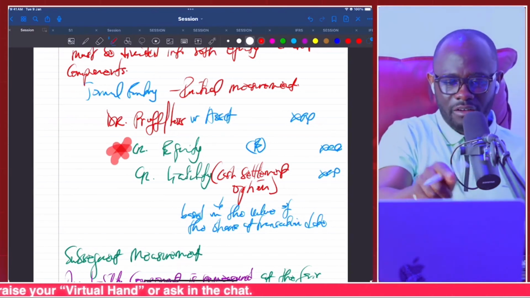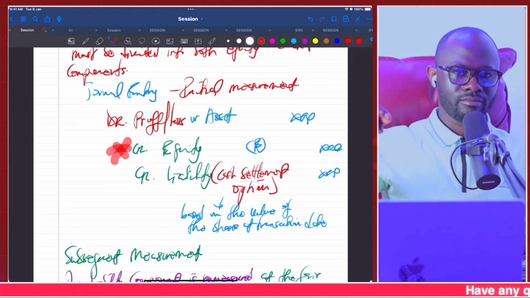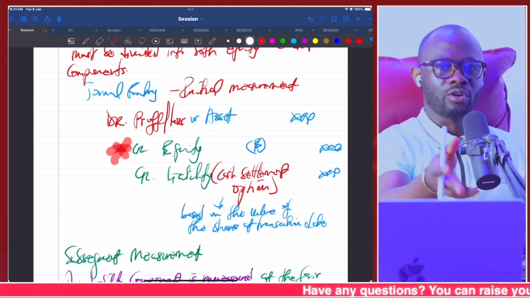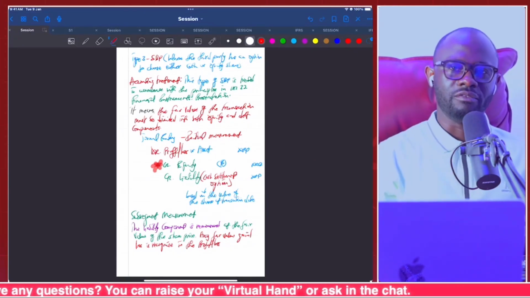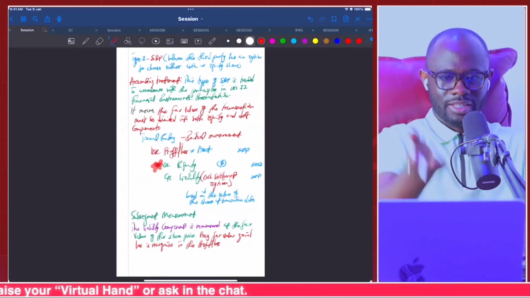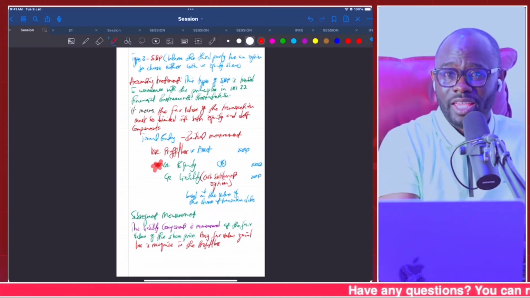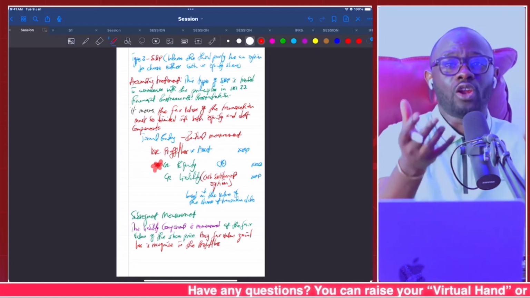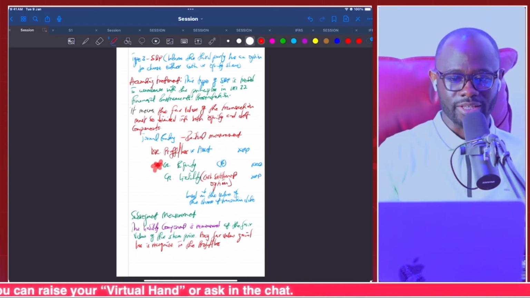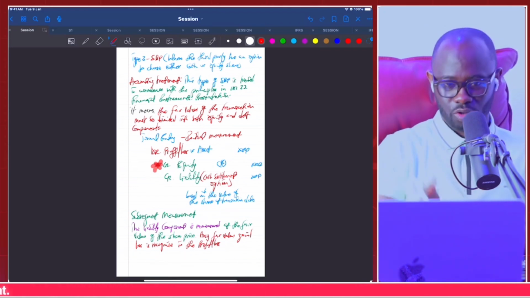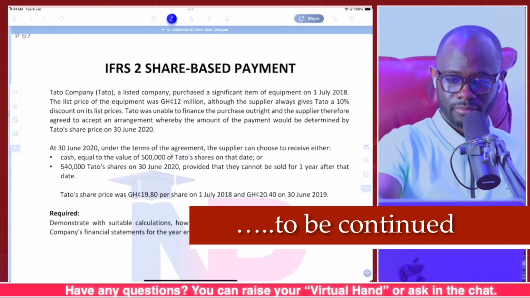It will still be carried at the initial measurement value until the date where the supplier or the third party makes his decision. Then we will know the fate of that figure. That's all. We are done. That is share-based payment type 3, when the third party has an option to get either cash or equity shares. So let's crunch some numbers so you see how the principle plays out. We go to the question kit.